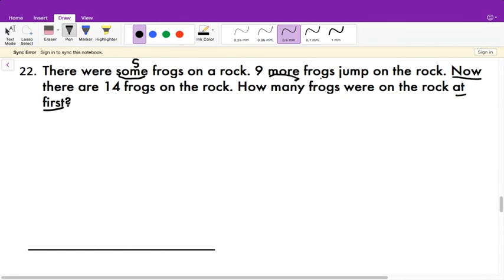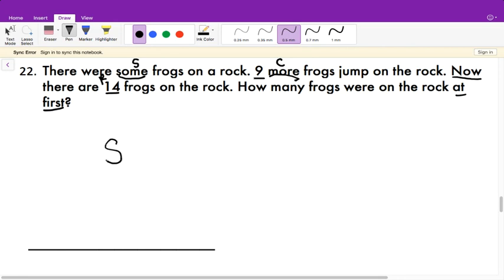Then it says 9 more frogs jump on the rock. So 9 more are coming. This is our change. When we add more or take some away, that's always going to be our change. Now there are 14 frogs on the rock. When we see now, that means we're looking at a result. So 14 is the result, or how many we have at the end.